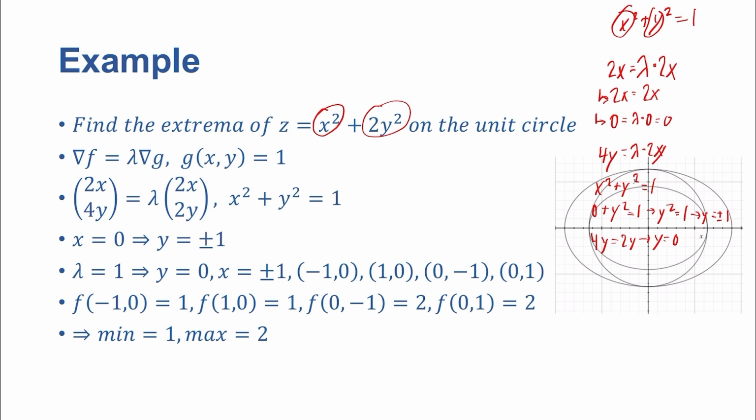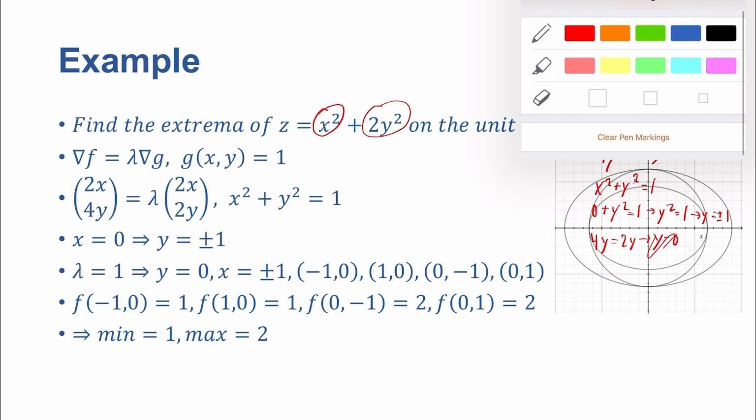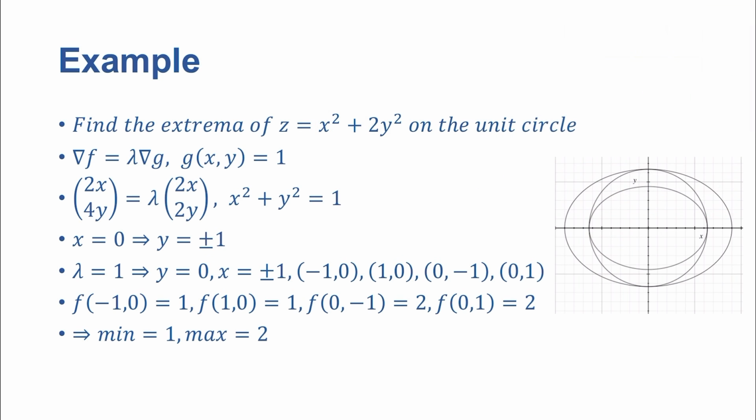Now you can see what this looks like graphically with some level curves. Okay, so if I look at this here, we get level curves. These ellipses, the ellipse here and the ellipse here, are level curves of our function. And then we also have the unit circle drawn on there.